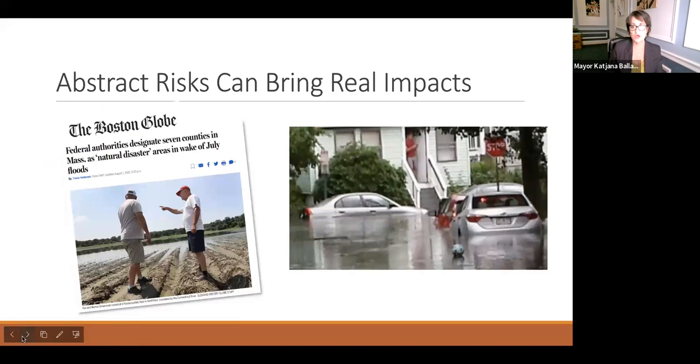One example of what a local impact could mean to us: our 2022 hazard mitigation study projects that if Somerville were to receive a direct hit from a Category 2 hurricane, we could see more than $125 million in damages and lost productivity. We could also see more than 500 households displaced.